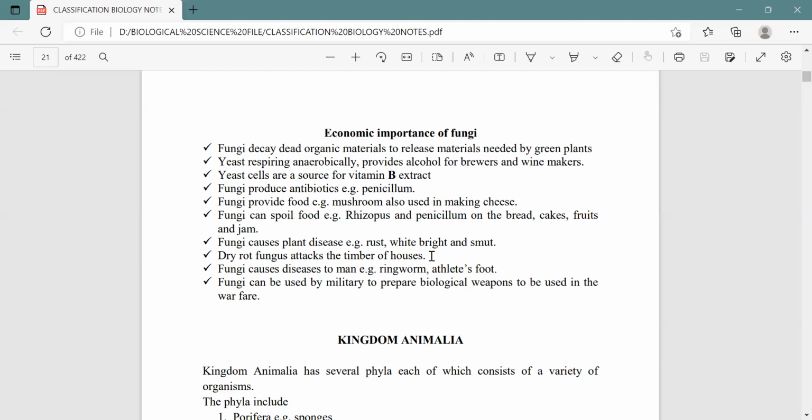Those dead bodies would still be here on Earth because they can't decay, they can't rot. There is no organism to cause their rotting. So that means that we would be suffering with the dead bodies of your great-grandparents, dead bodies of your ancestors, where you don't have where to put them.